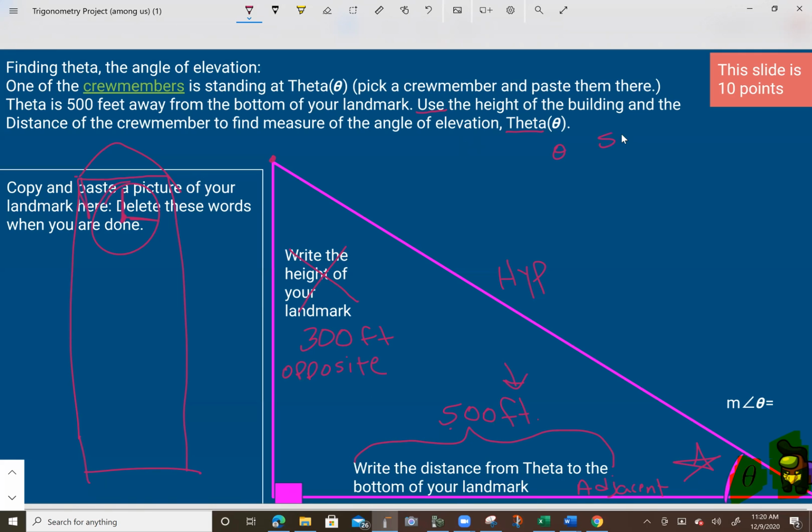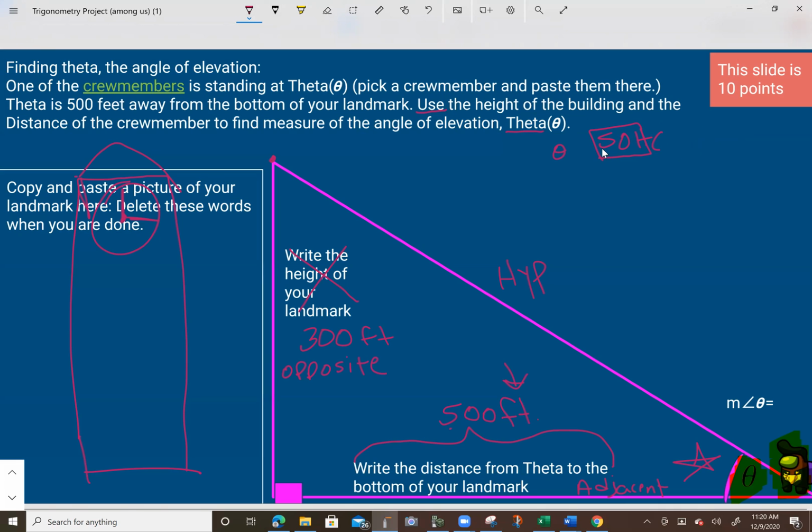If you remember how we learned a way to remember these, the sine is the opposite over the hypotenuse. The cosine is the adjacent over the hypotenuse. Let me rewrite that.